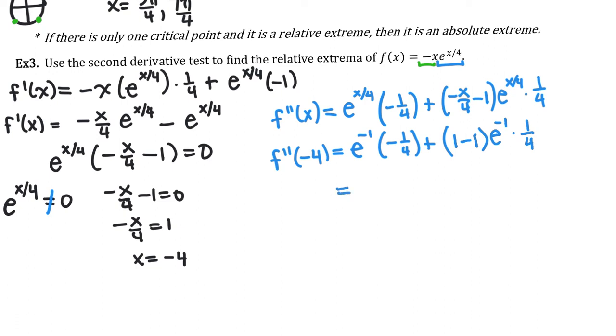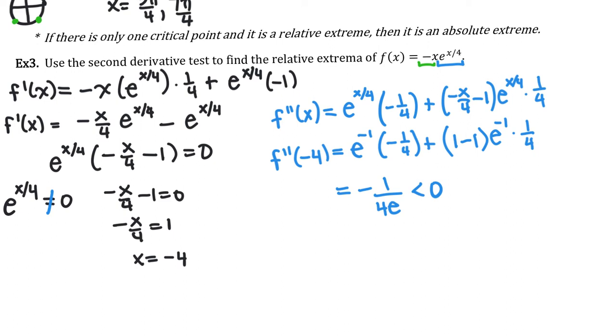Okay, so let me rewrite this first expression. That's going to be the e to the negative 1 really just puts it at the bottom. So this is negative 1 over 4e. Now 1 minus 1 is 0. So if I do 0 times this times this, it's just going to go away. Okay, well that's definitely negative. Since it's negative, then this is going concave down, which means that's going to be a relative maximum.